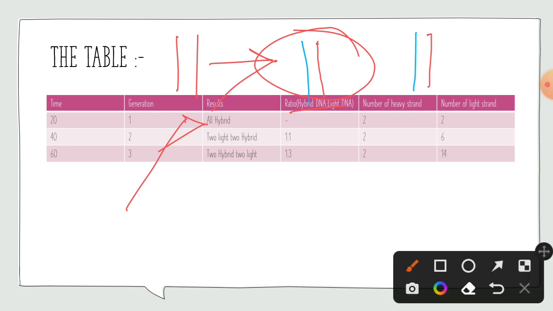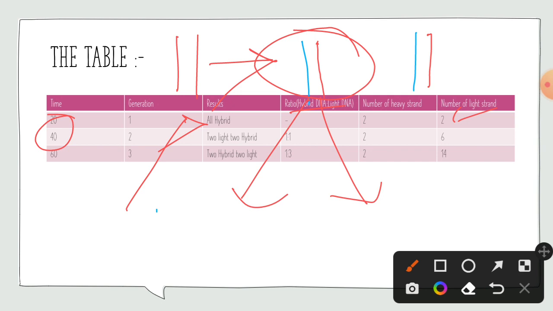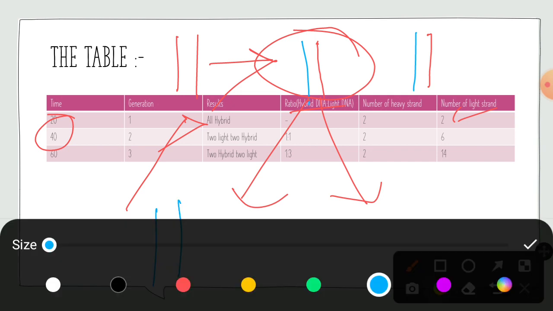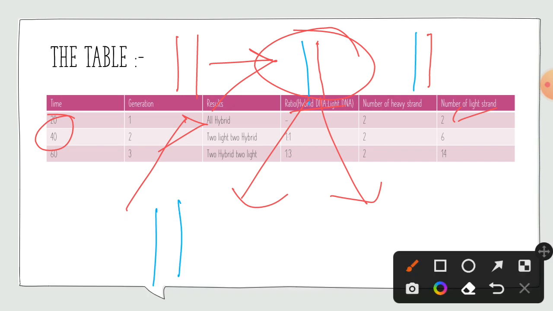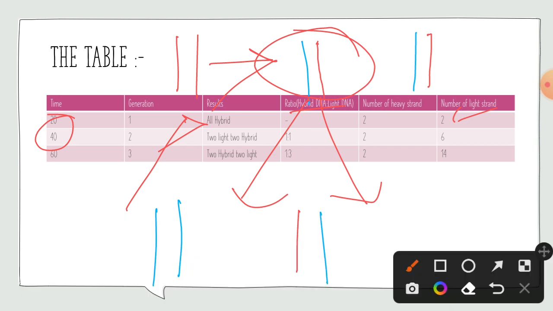So obviously there will be 2 heavy strands and 2 light strands. After 40 minutes, that is generation 2, these 2 DNA molecules will be split again, and we will get 1 pure light double stranded DNA molecule and 1 hybrid. Similar will be the case here.